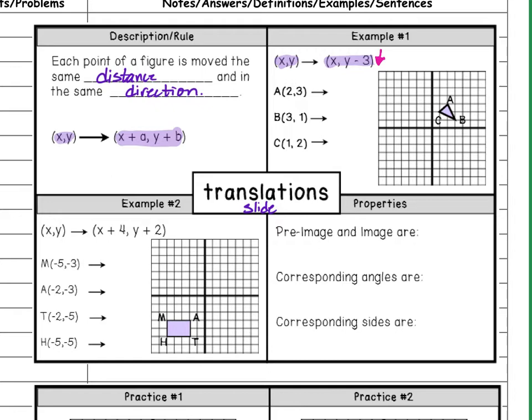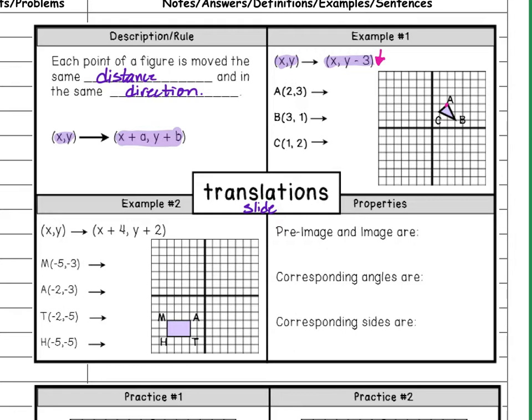So for each one of these points, A, B, and C, I'm going to take my point. My point A is (2, 3), right? It's right here, (2, 3). They have it on my graph. I'm just moving the y point down 3. So I can do it on the graph down 3, or I can actually do it from the point.